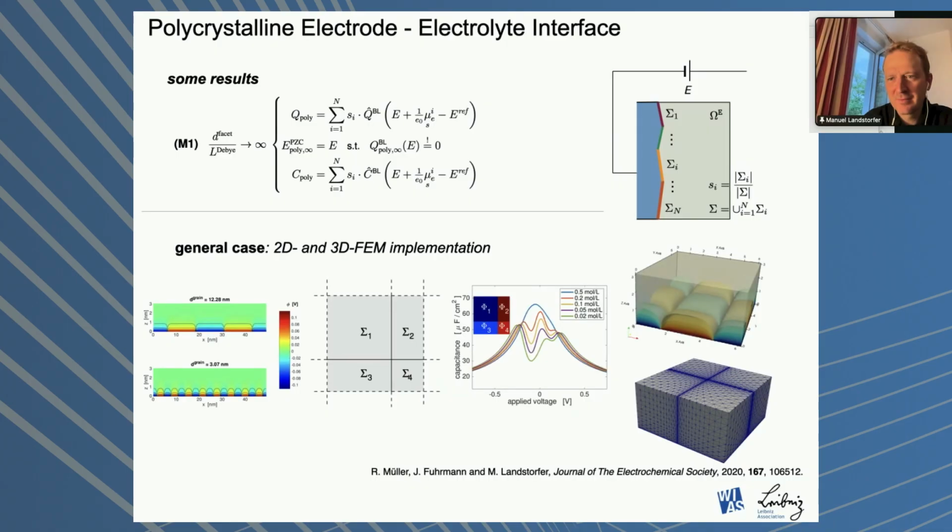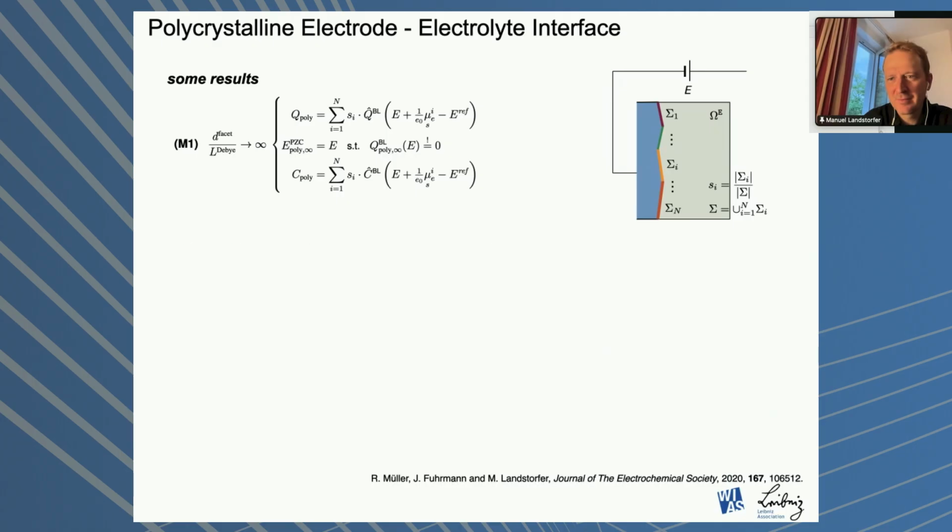So on the lower left, you will see the space charge layers for a two-dimensional polycrystalline electrode. And there you can already see that even at an applied voltage of 0, you can have facets where you have a positive space charge layer, and facets where you have a negative space charge layer, while globally you would remain electroneutral. And then the corresponding capacity functions with respect to applied voltage can, of course, be even more complex, as shown here in the center part.